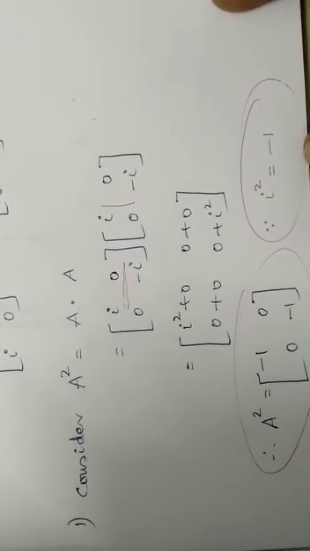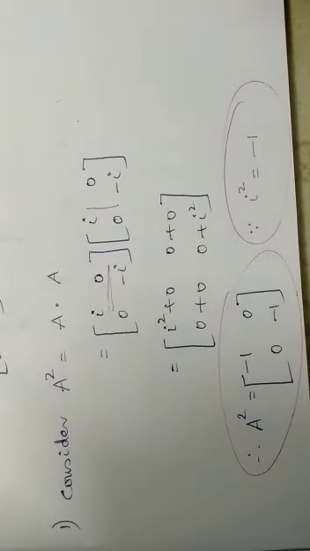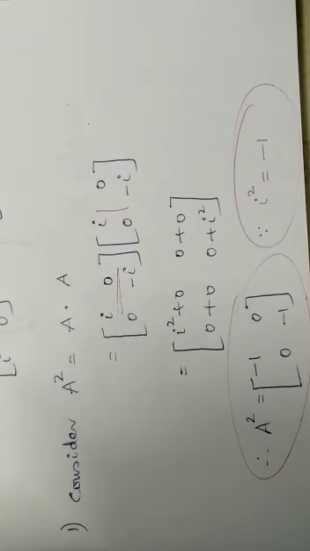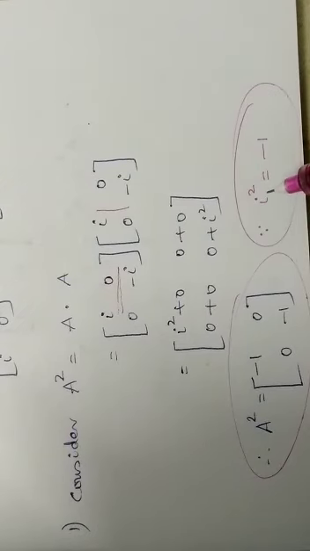So the value of I square is minus 1. In mathematics, you have to remember this value. I is a complex number, imaginary number. Its square is minus 1. In the entire mathematics, we have to remember this value, I square equal to minus 1.